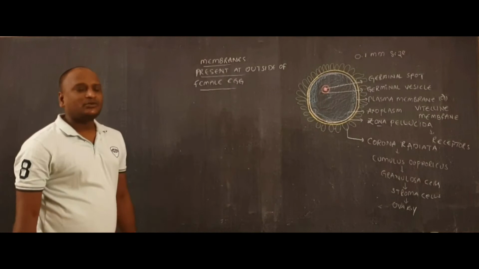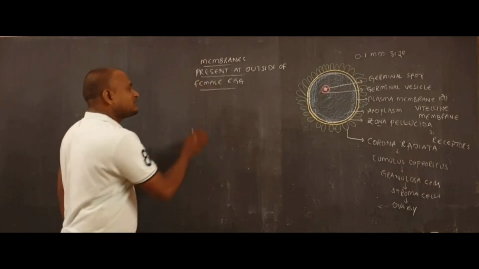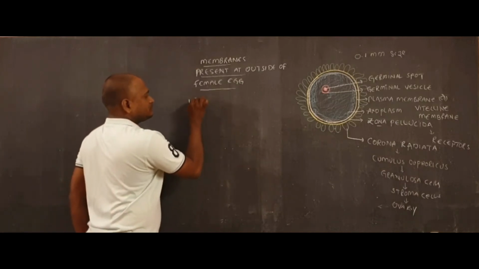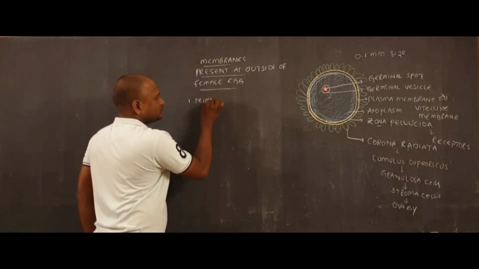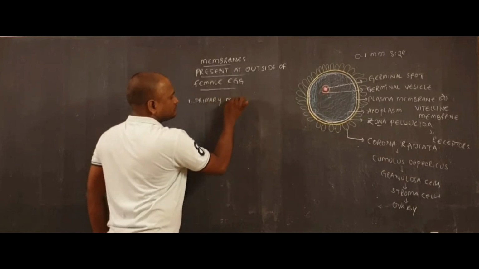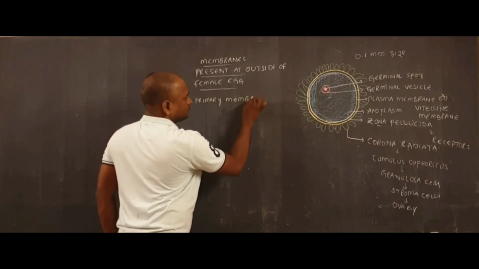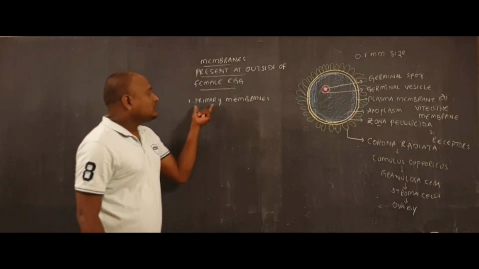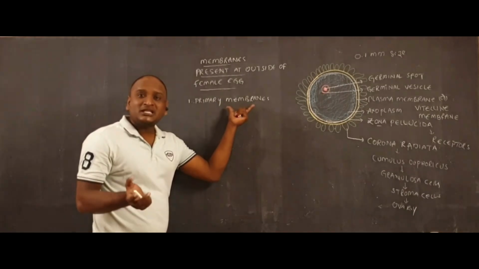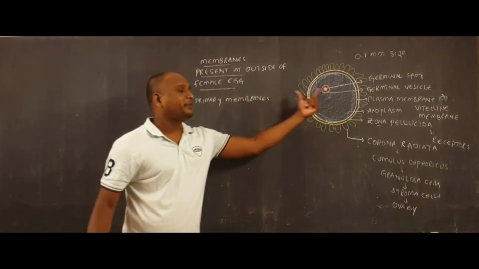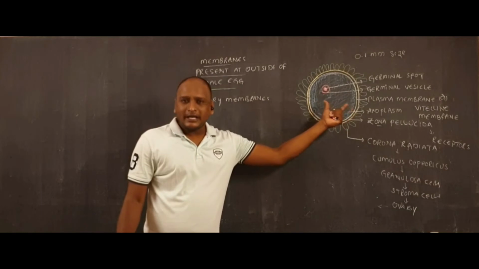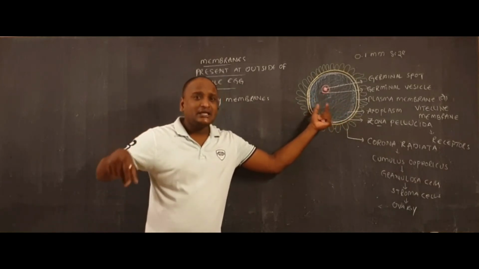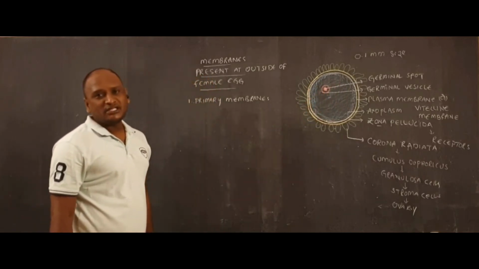So membranes present at outside of the female egg can be classified into three types. The first one is primary membranes. Primary membranes means membranes which are formed by the help of the female egg or egg cell. If the egg cell is involved in the formation of membranes, those membranes are called primary membranes.